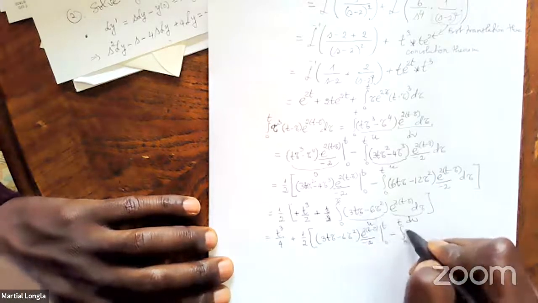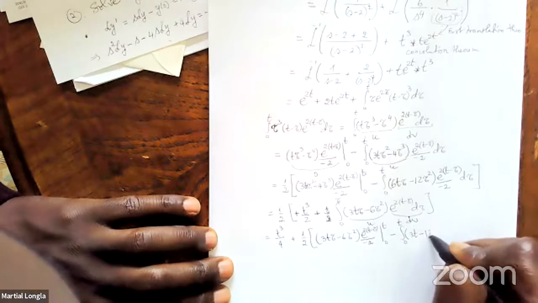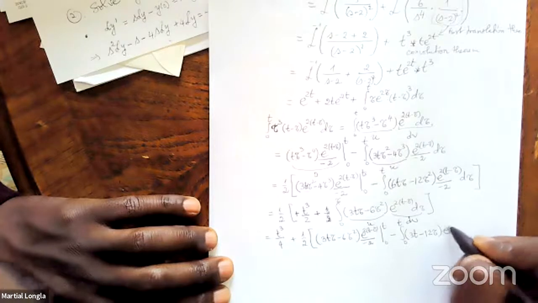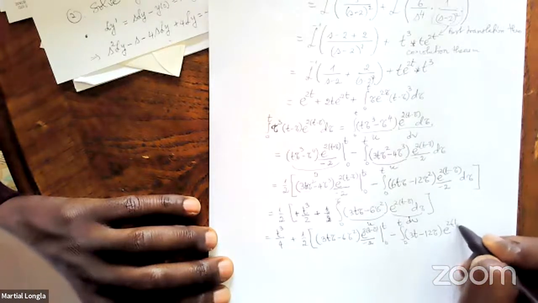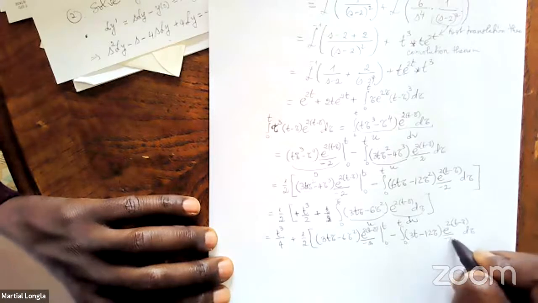Derivative of this is going to be 3t minus 12 tau, and then e to the 2 times (t minus tau) d tau over negative 2.